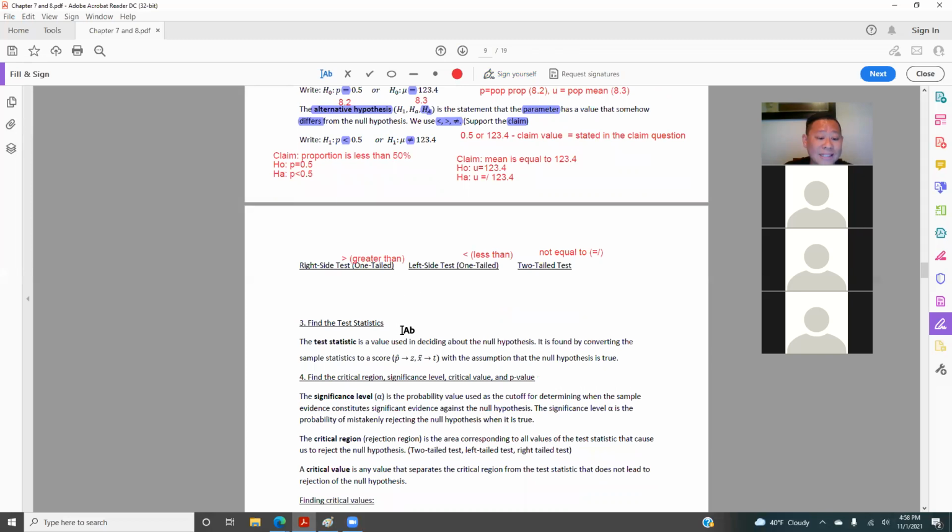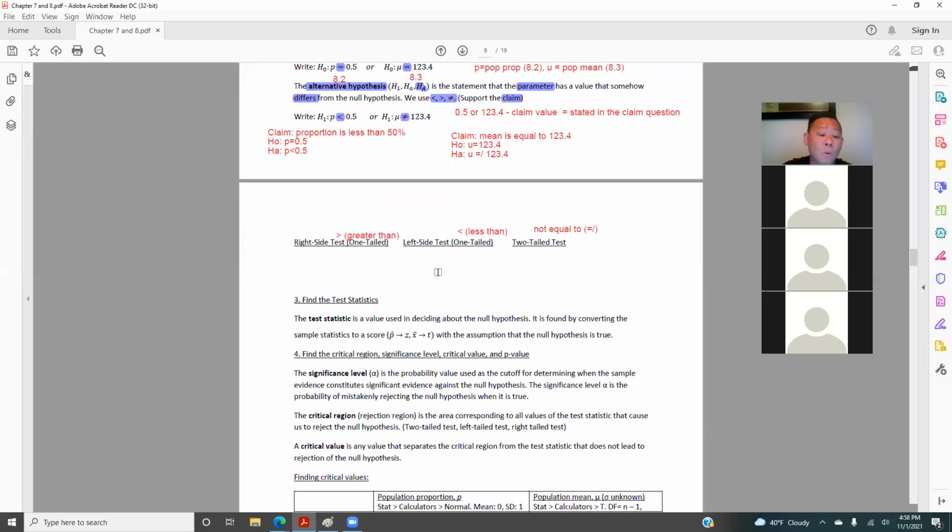Next, we're going to talk about the test statistic. So what is a test statistic? A test statistic is a value to decide what you do with the null hypothesis. So the decision that we have here is either you accept or you reject. That's the same conclusion we did. So the test statistic depends on your proportion or mean.